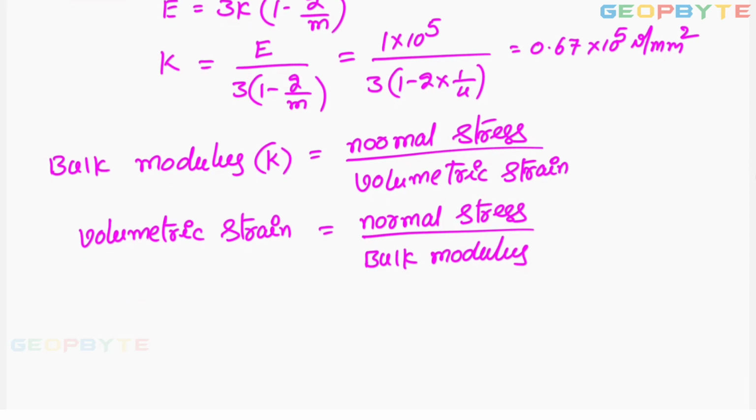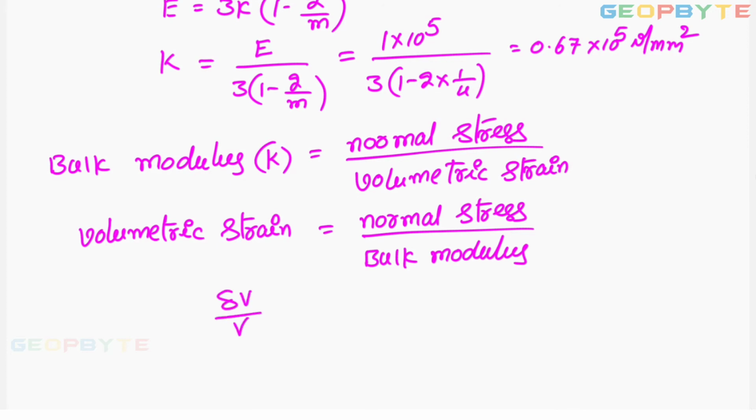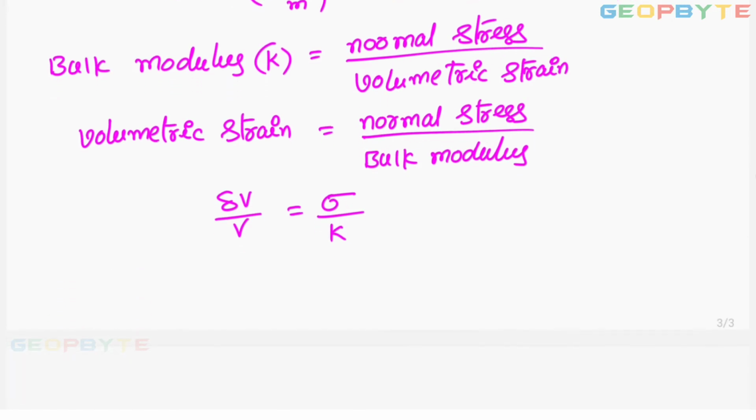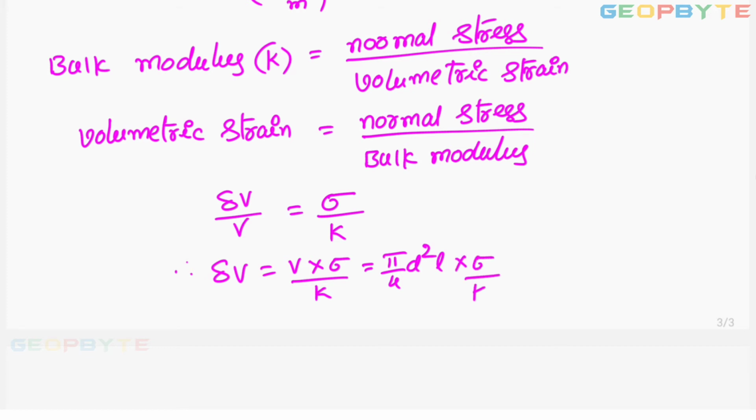But volumetric strain equals change in volume by original volume, equal to normal stress sigma by bulk modulus K. Therefore, the change in volume delta V equals volume multiplied by normal stress divided by bulk modulus. Here volume is pi by 4 into d square into L, into stress sigma, divided by bulk modulus K.